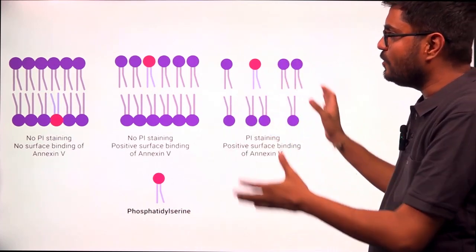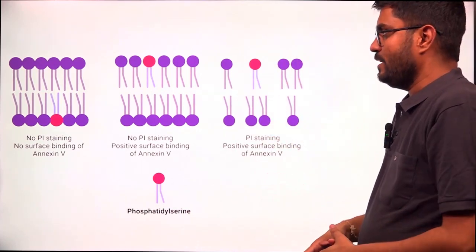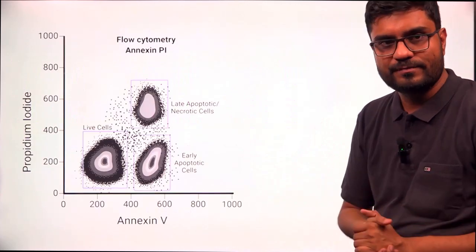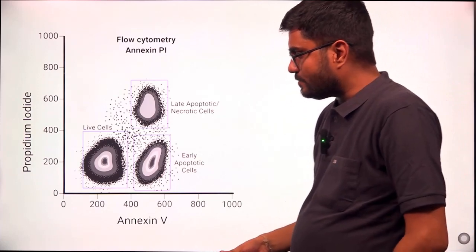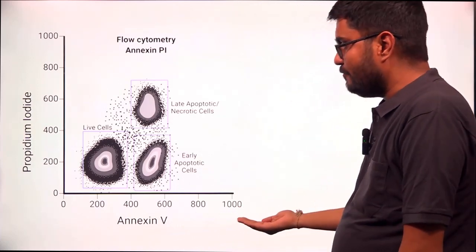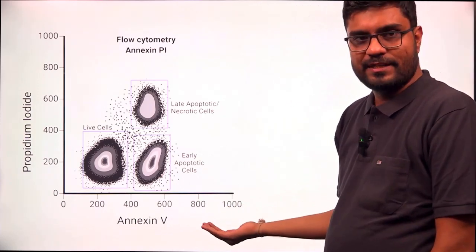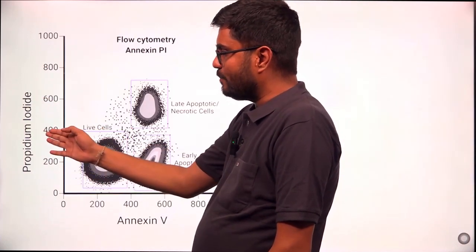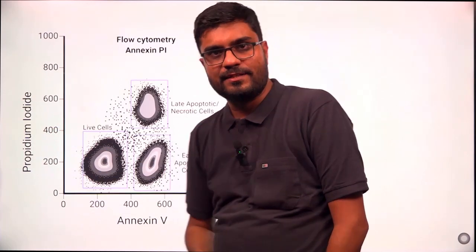Now, if we run the whole sample in our flow cytometer, then we get this type of graph. You can see that on the x-axis we have Annexin-5 fluorescence intensity, and on the y-axis we have propidium iodide fluorescence intensity.